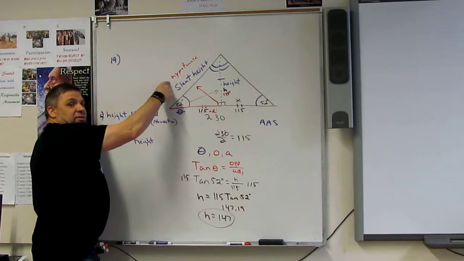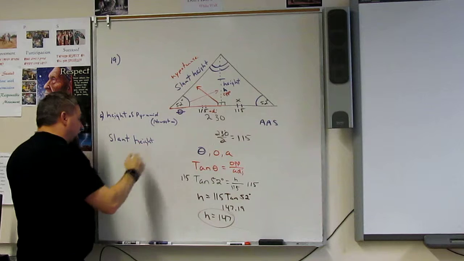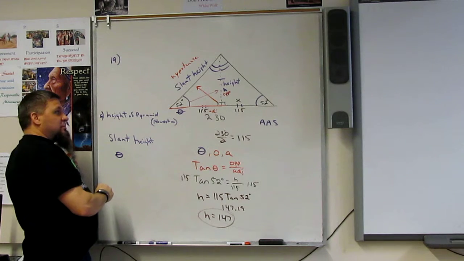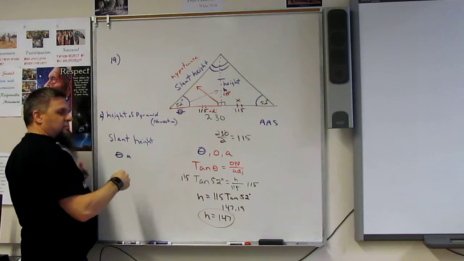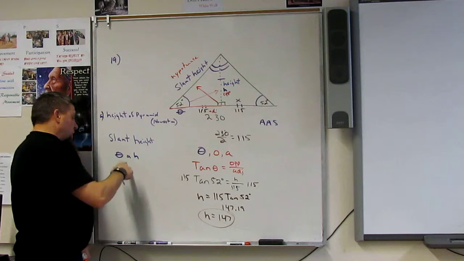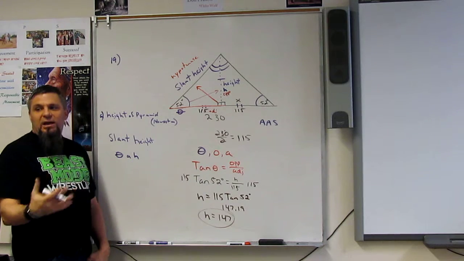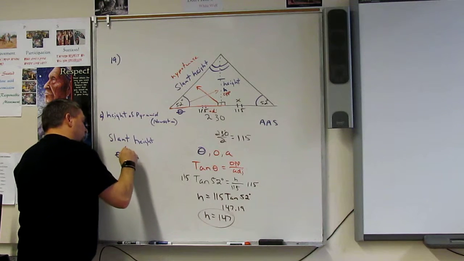What's the slant? It's the hypotenuse, right? So I have theta, and I know the adjacent, and I'm looking for the hypotenuse.